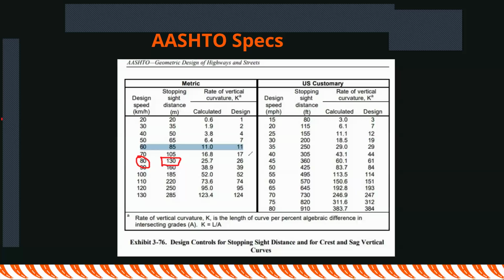Now, I want you also to note this K value, which is the rate of change. So the rate of change of vertical curvature within that curve at a speed of 80 kilometers per hour is 20. Please note that down as well.